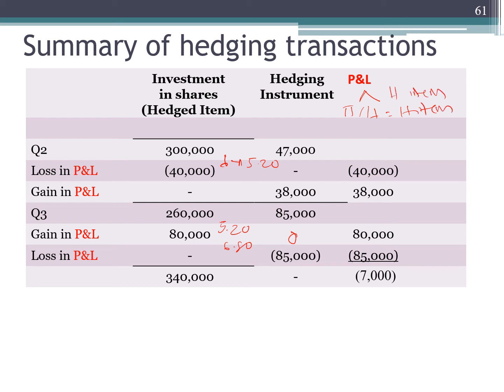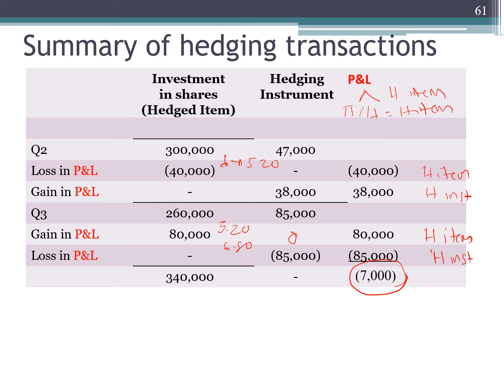If you look at the P&L, the 40 here comes from your hedge item, the 38 comes from your hedge instrument, the 80 here comes from the hedge item, and the 85 loss here is from the hedge instrument. At the end, the effect to your income statement here is only negative 7,000. That is the effect that we have here.